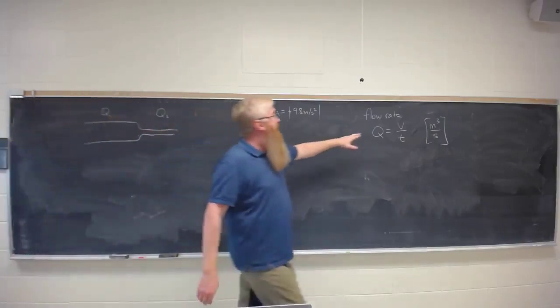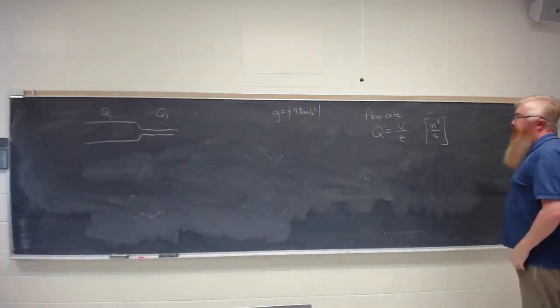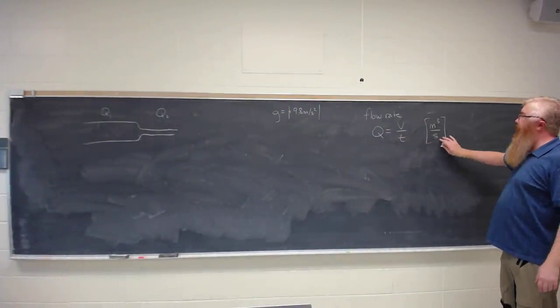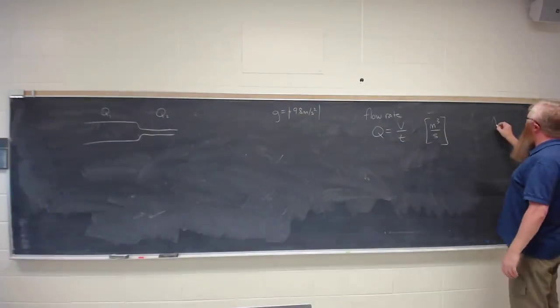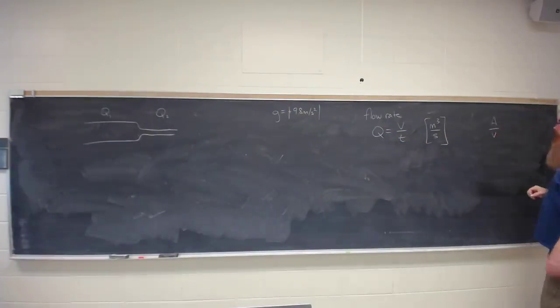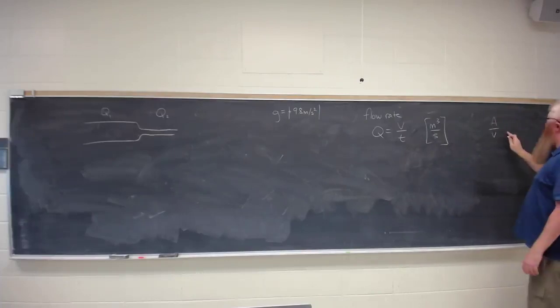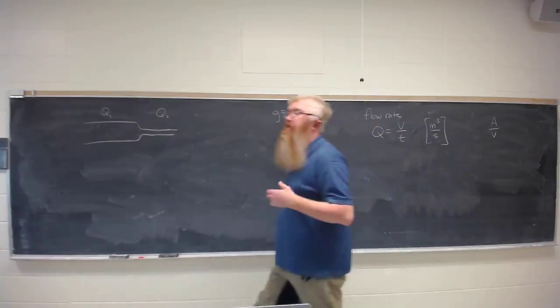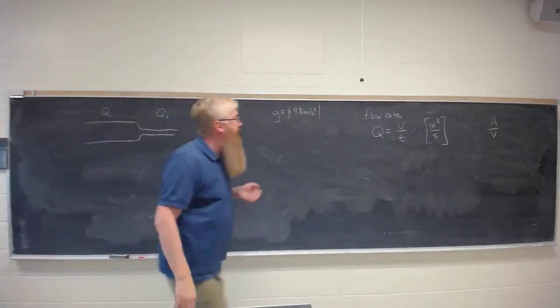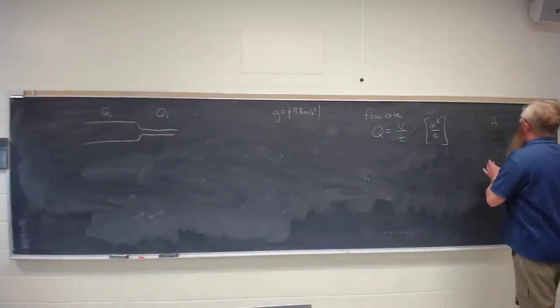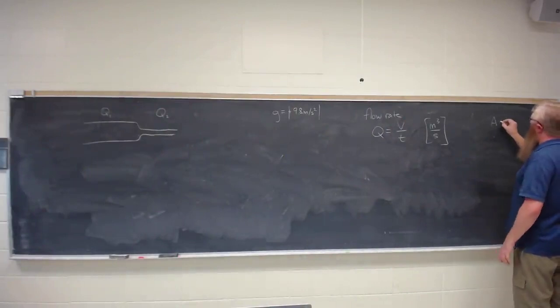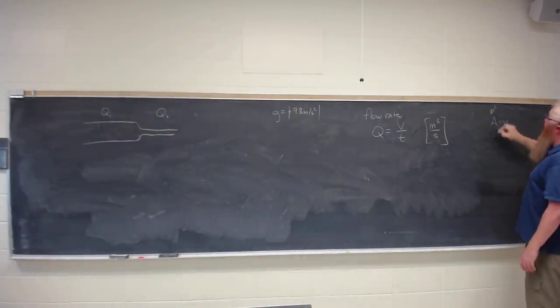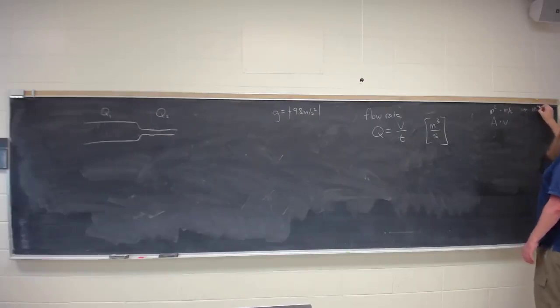Another way of doing volume over time, meters cubed per second, what if we did cross-sectional area times velocity, not divided by. Area is in meters squared, velocity is meters per second, so when you multiply these together, we get meters cubed per second, which is the same as the flow rate.